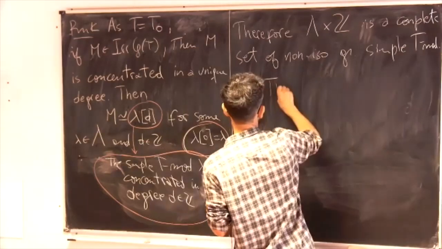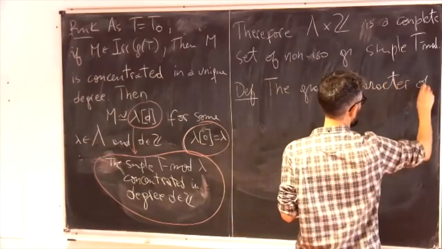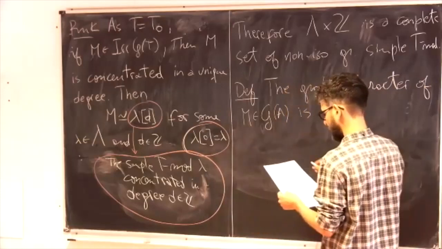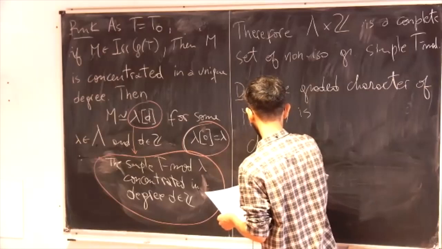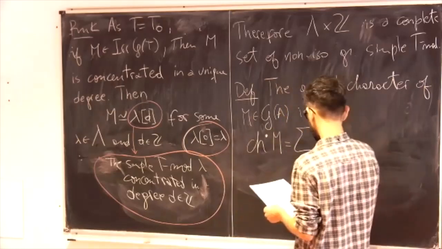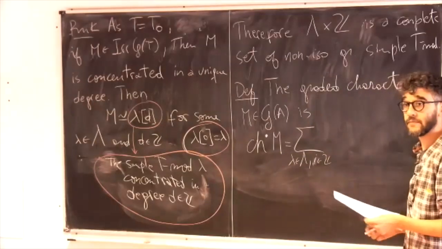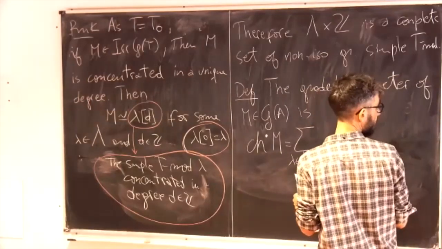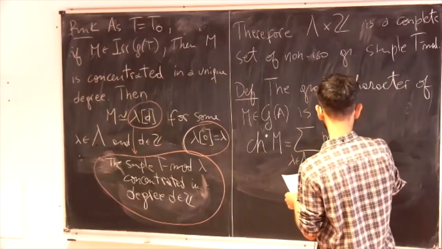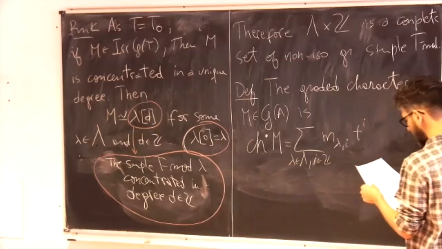The graded character of a graded module over A, we will denote ch dot, is a sum over lambda and over e in the integers of these integers, and we will put t as an indeterminate, lambda.